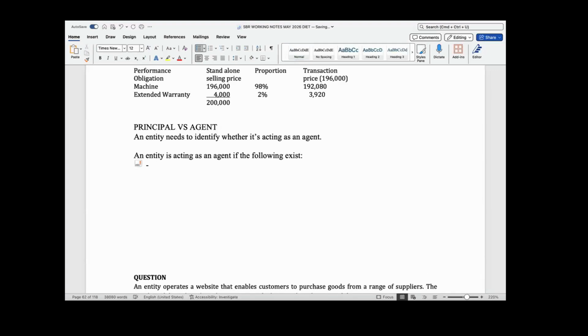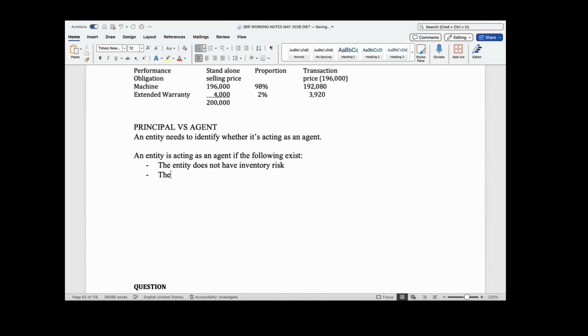Number one, the entity does not have inventory risk, in the sense that if anything happens to the commodity, it won't suffer a loss.